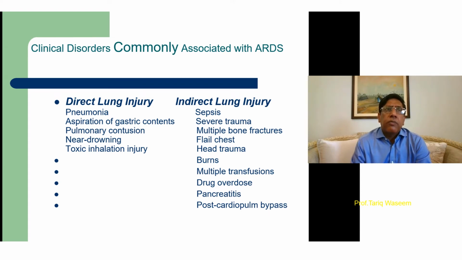Blunt trauma to the lung, pulmonary contusion, can start it. Near drowning, of course, a lot of water getting into the respiratory system, reducing surfactant and leading to alveolar collapse, and this again can result in ARDS. And as we just showed in a case, inhalation of toxic gas like ammonia would injure the alveolar membrane or alveolar capillaries and can lead on to ARDS.